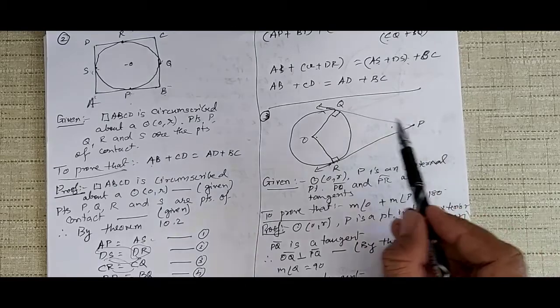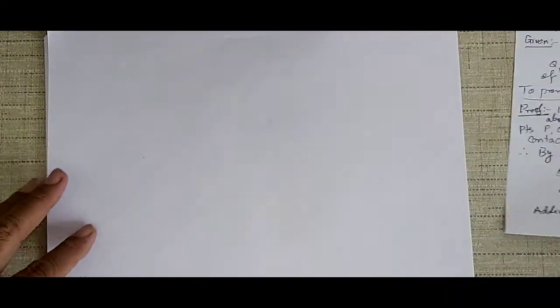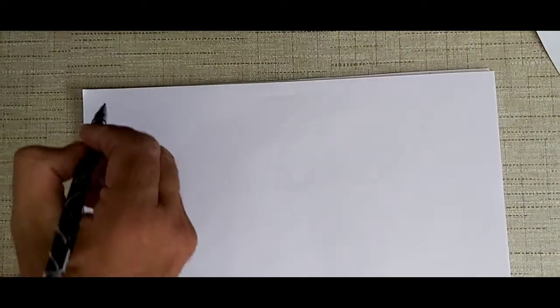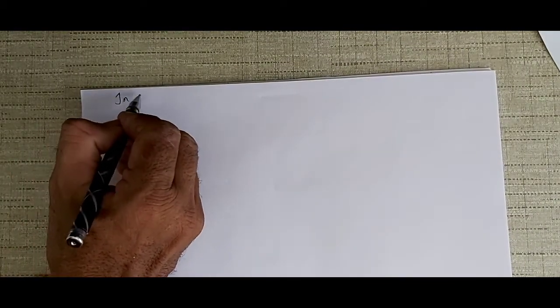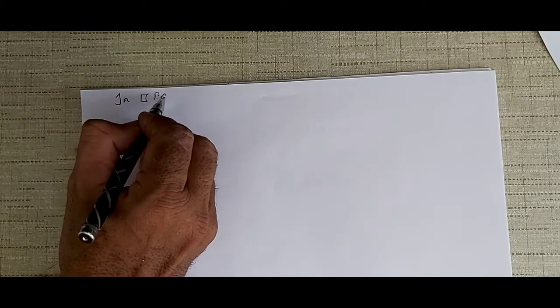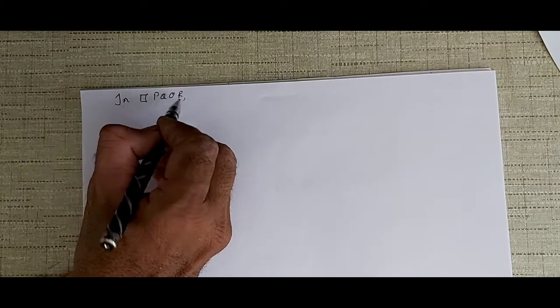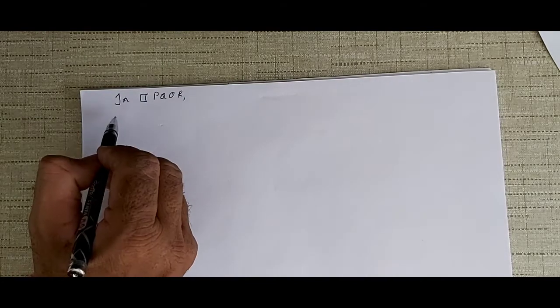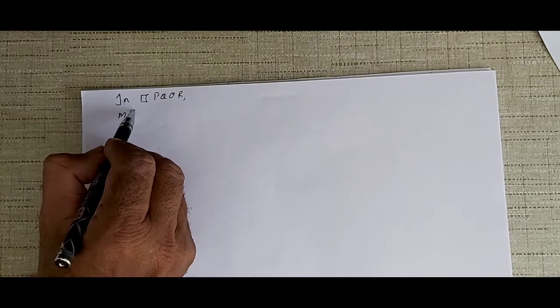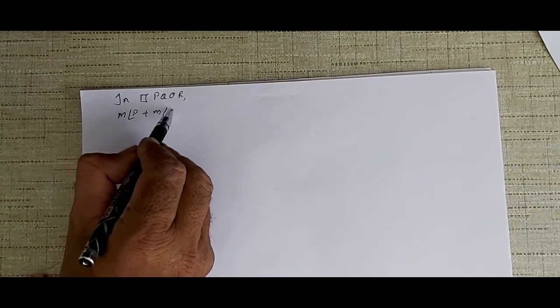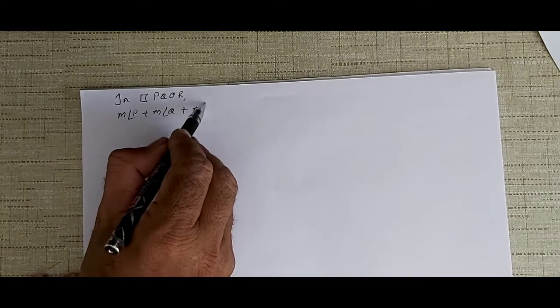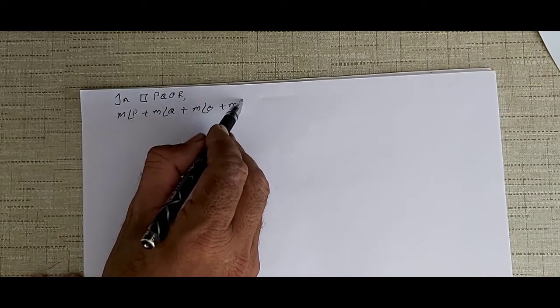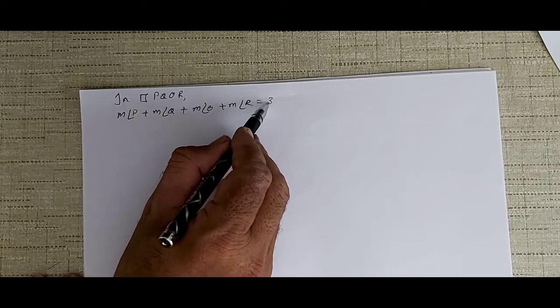Now in quadrilateral PQOR, let us see, very simple one. In quadrilateral PQOR, we know that the sum of the four angles, measure of angle P plus measure of angle Q plus measure of angle O plus measure of angle R is equal to 360 degrees.